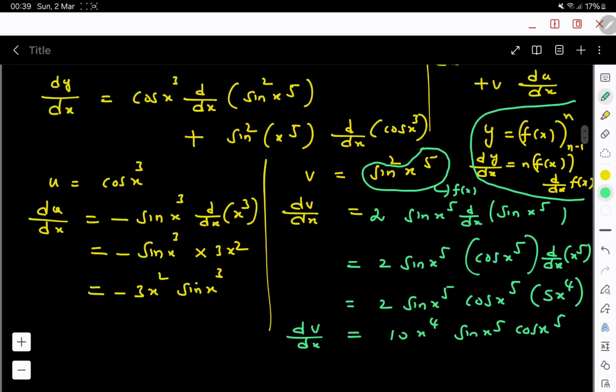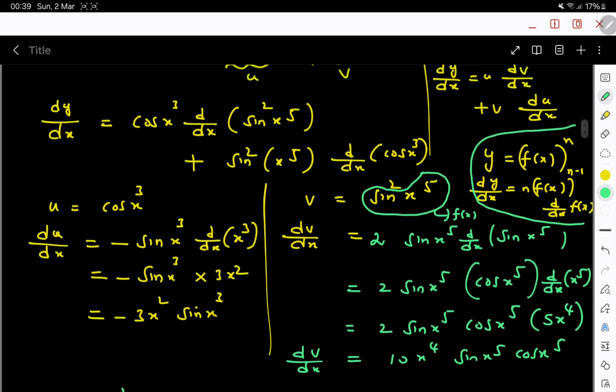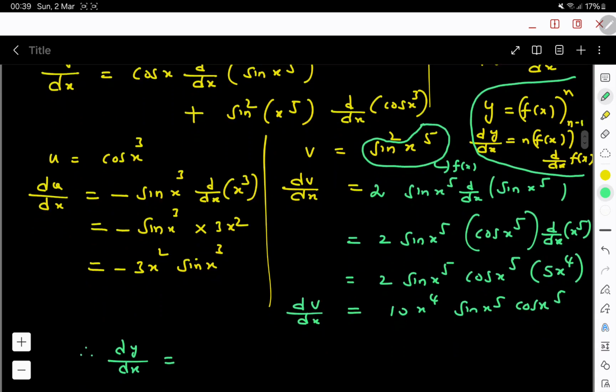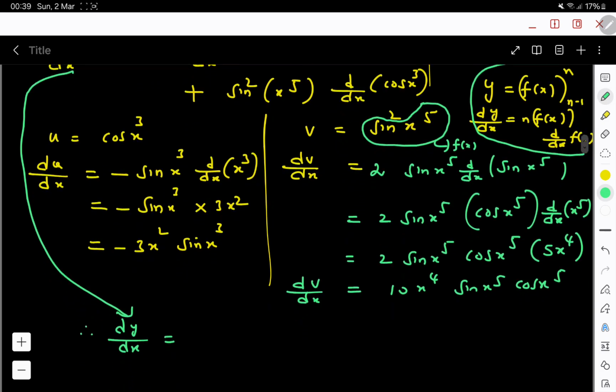So therefore dy by dx equal to cos x cube, this is a continuation. Okay, d by dx of sin square x power 5 is this one.